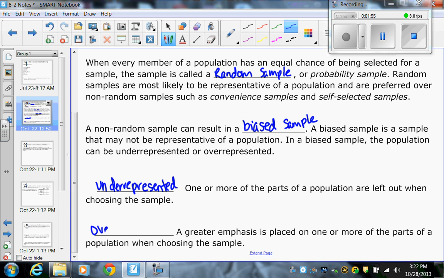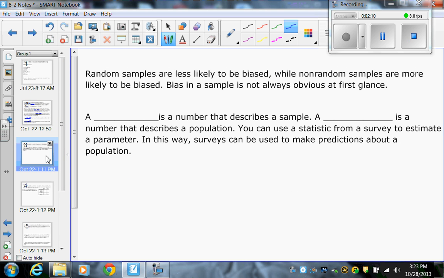And overrepresented means a greater emphasis is placed on one or more parts of a population when choosing a sample. Random samples are less likely to be biased, while non-random samples are more likely to be biased. Bias in samples is not always obvious at first glance.